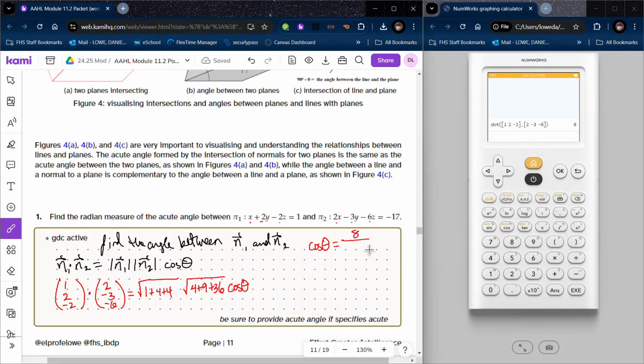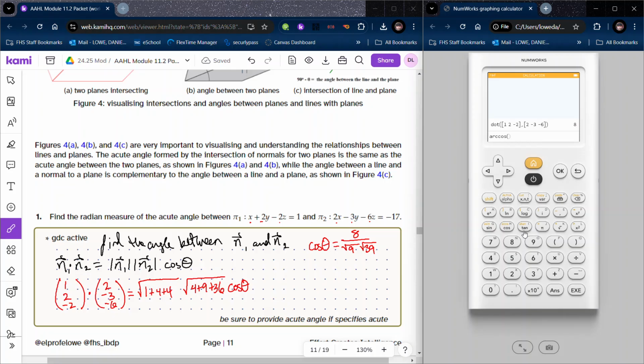So the numerator is 8, and the denominator is the square root of 9 times the square root of 39. If I want to be in radians, I need to make sure that my calculator is in radians.